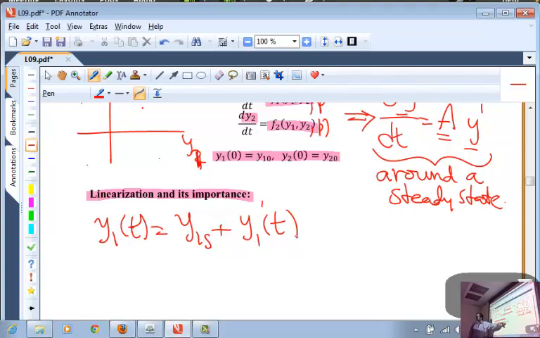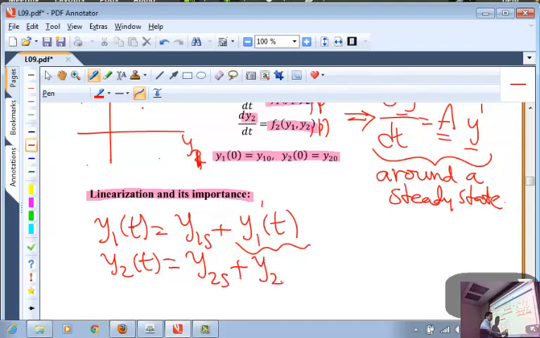So you can think of this as the perturbation, which is a function of time. But the steady state itself is not a function of time. So you have a similar equation like that for y2. And if you have an n-dimensional system, it just carries forward in the same way. And this is what I call y2 prime, y1 prime, the perturbation of it.